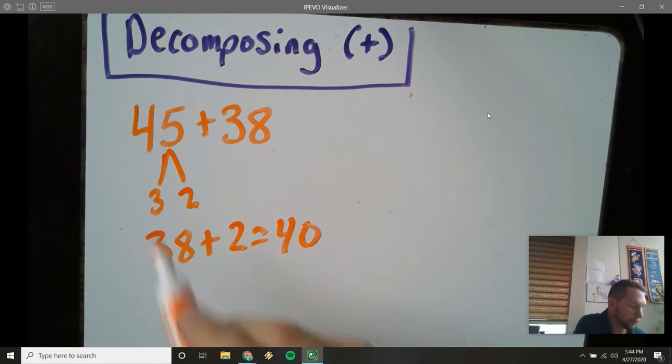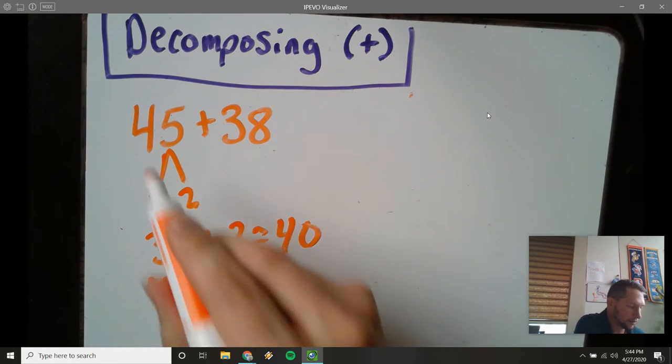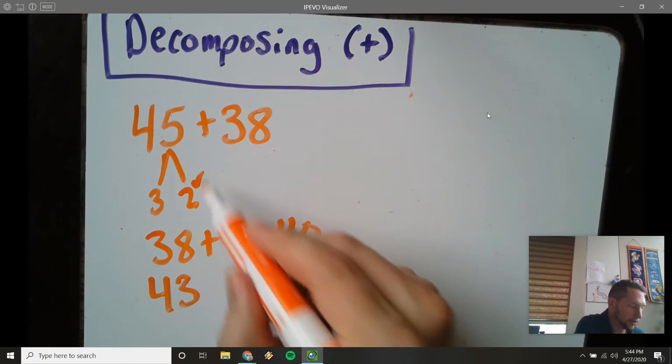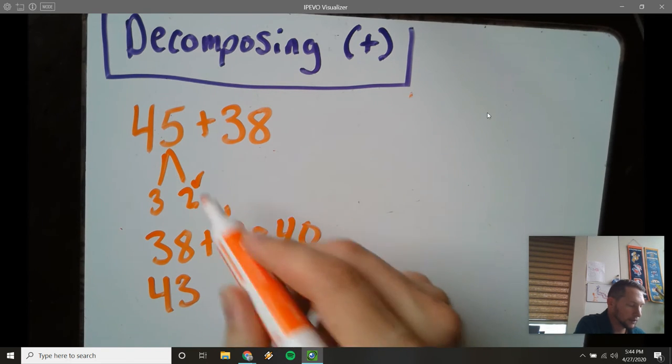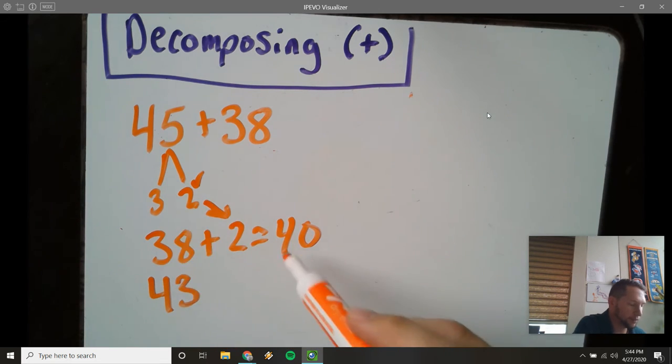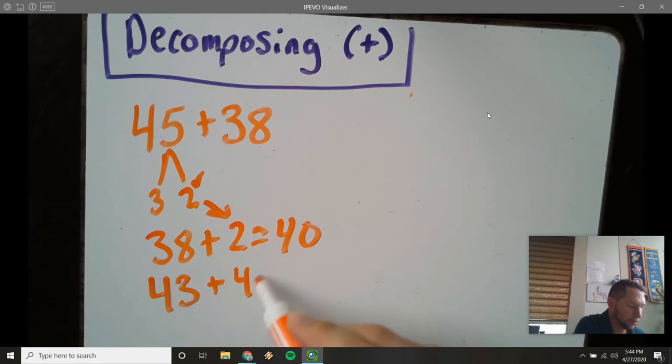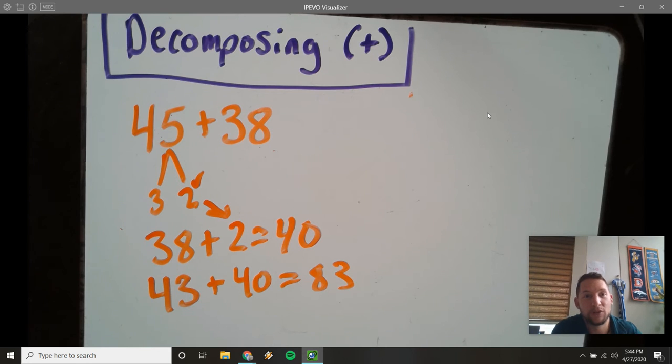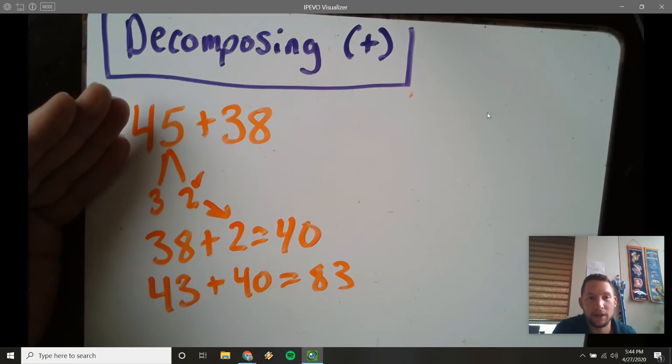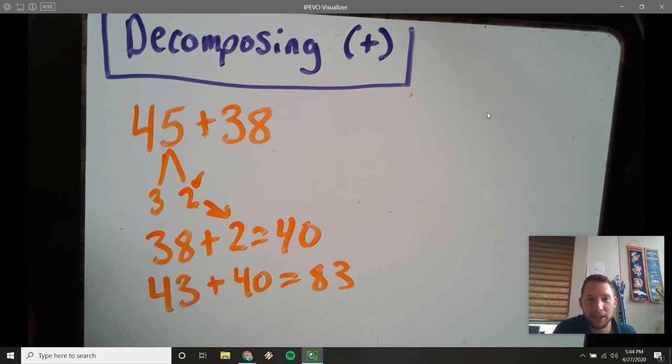And now I'm left with 43, 40 and 3, because I used that 2 right here. 43 plus 40 equals 83. So any of those ways work. Decomposing, we're just breaking the number apart, manipulating it to make it easier for us to add. And that's decomposing for addition.